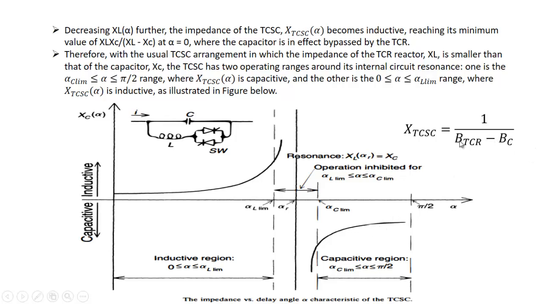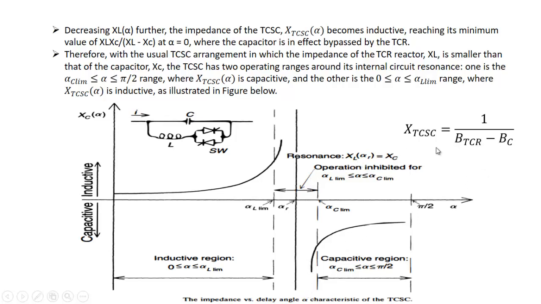When it becomes 9, 9 minus 10 is minus 1, so it becomes exactly minus 1. When it is very close, say 9.9 minus 10, it is 1 divided by minus 0.1, equal to minus 10. So it increases sharply as it goes close to BC, and when BTCR equals BC, it will go to minus infinity.